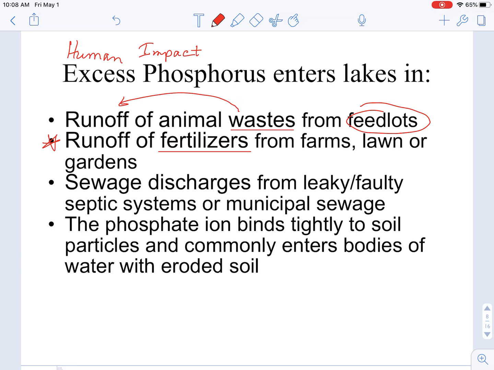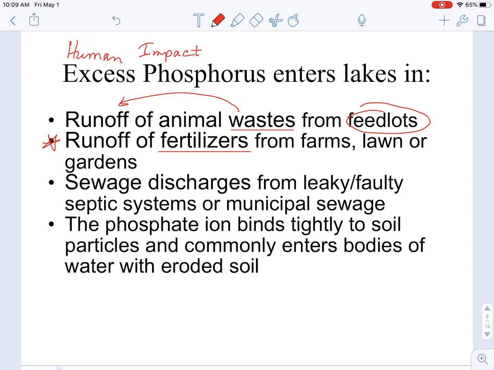Unfortunately, a gross one to think about is your body produces excess phosphorus. We don't absorb all of it. Same thing with nitrogen. And our waste goes to a water treatment plant, but there's a lot of pipes from your house to those municipal sewage treatment plants, and some of those pipes can be leaky, which means that your sewage then gets into the ground, could go into the groundwater, and then we've got excess phosphorus and nitrogen in those water sources.